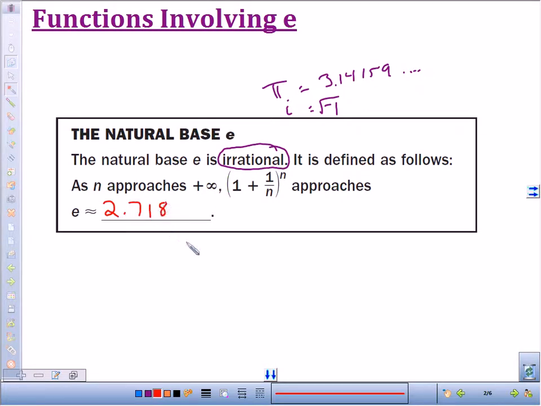And it trails off, and the numbers keep going forever. We could write 1,000,000 decimal places here off to the side, but we're going to stick with 2.718.